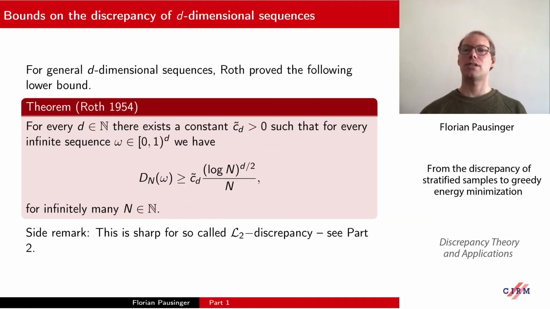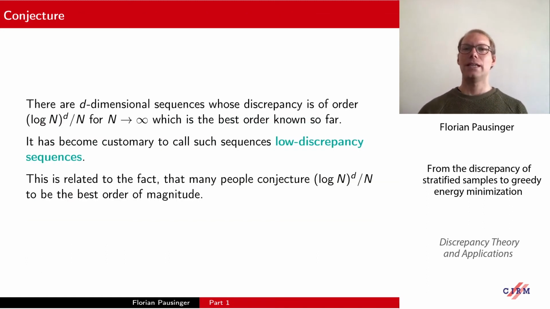So this turns out to be sharp for the L2 discrepancy. I will talk about this notion of discrepancy in the second part. And it is still an open question whether this is also the right order of magnitude for the star discrepancy or the extreme discrepancy.